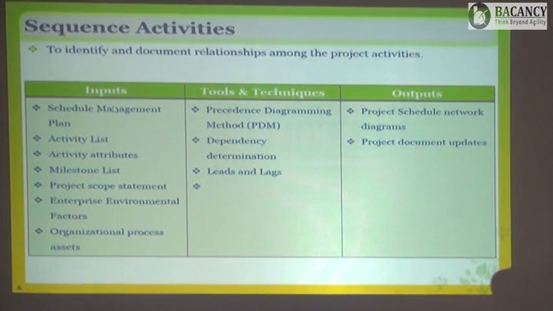Schedule network diagram means you will be able to see all the activities, and you will see the link between those activities also. So yes, sort of like a Gantt chart. How we are going to do that is, we need our schedule management plan, we need our activity list, attributes, milestone list, project scope statement, EEF and OPA. Any question on any of the inputs here, why we are using them here?